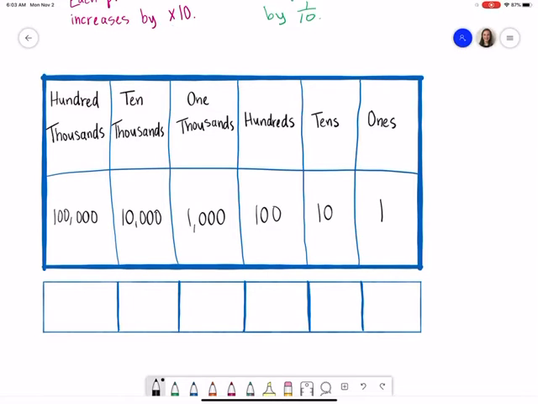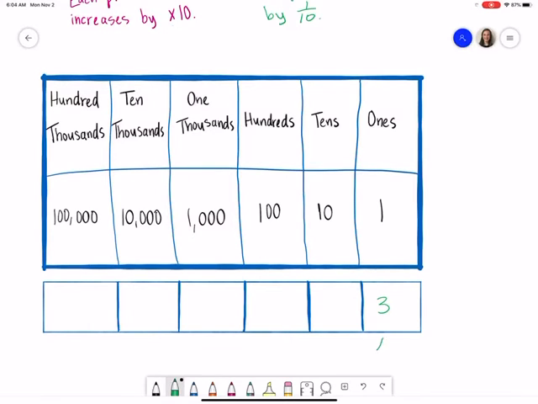Okay? But let's say that I have the number, well, actually, we'll keep that so that we know our places. Let's say that I have 3 ones.